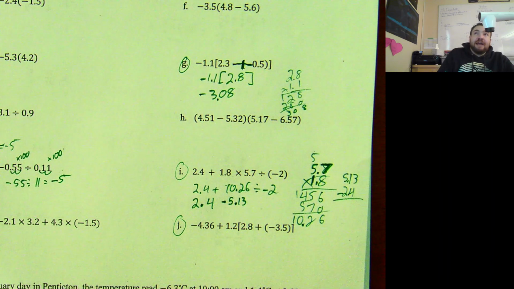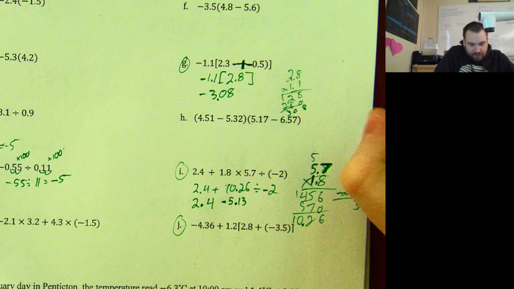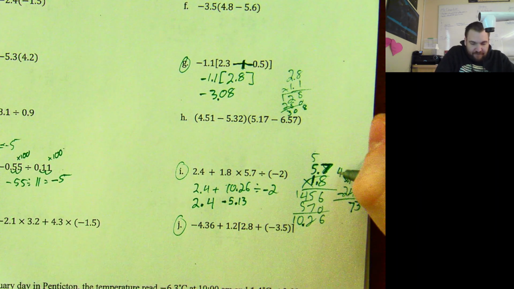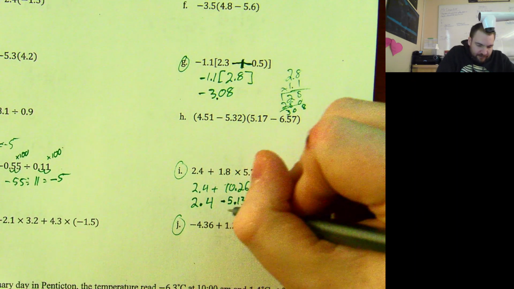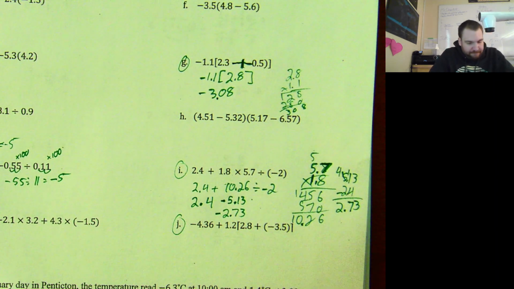When I'm adding or subtracting, I line up my decimal places. 3 minus nothing is 3. 1 minus 4 I can't do, so I borrow from the 5, it becomes 11. 11 minus 4 is 7. 4 minus 2 is 2, so it's going to be 2.73, and it's going to be negative. So I was wrong. It wasn't even close to 3.9. Negative 2.73 should be your answer for I.